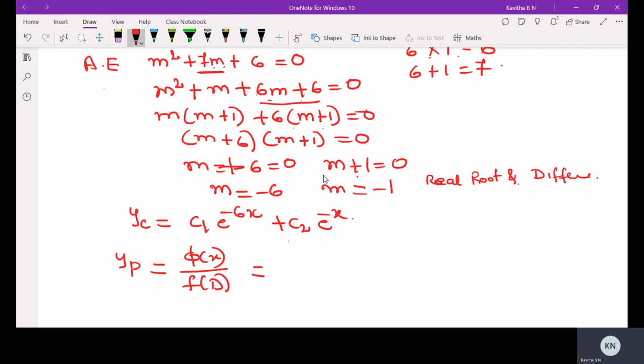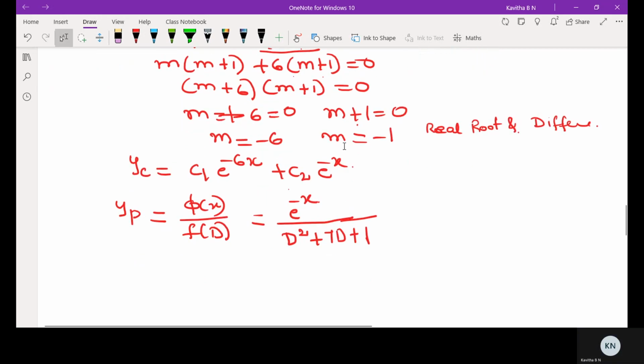Okay, here phi of x is e to the power of minus x, divided by f of D, which is D square plus 7D plus 6. First we need to identify the a value. E to the power of ax is equal to e to the power of minus x. Compare here. The coefficient of x is what here? Minus 1.